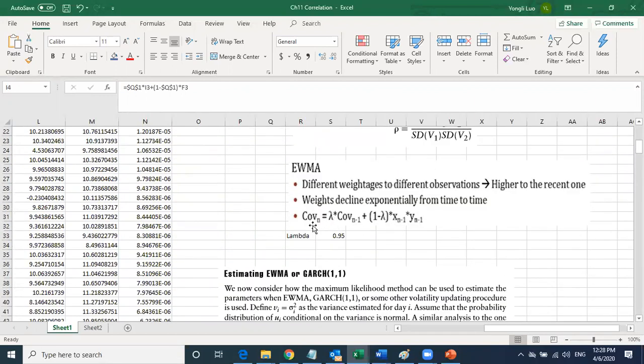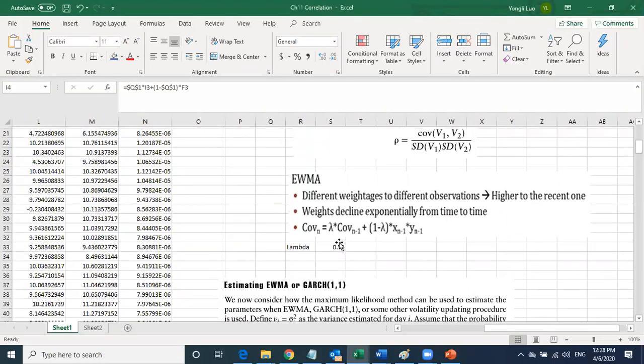The covariance is equal to lambda times the covariance of the previous period, plus 1 minus lambda times the previous period return.